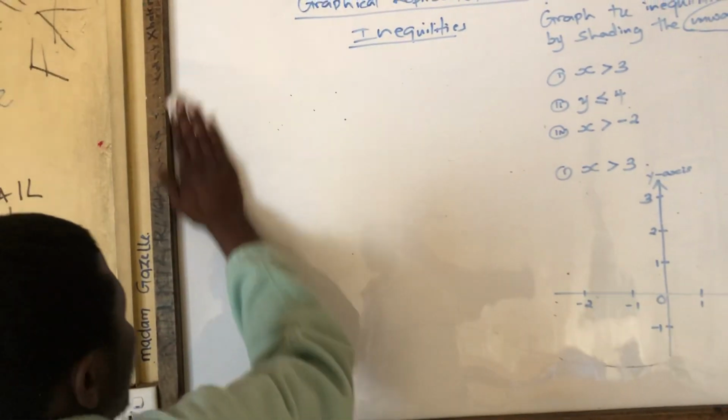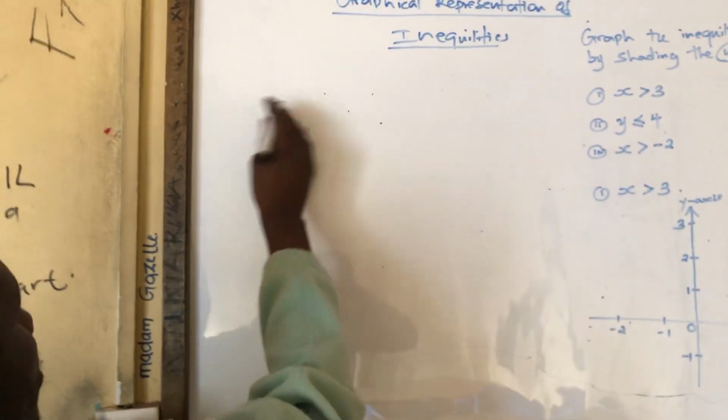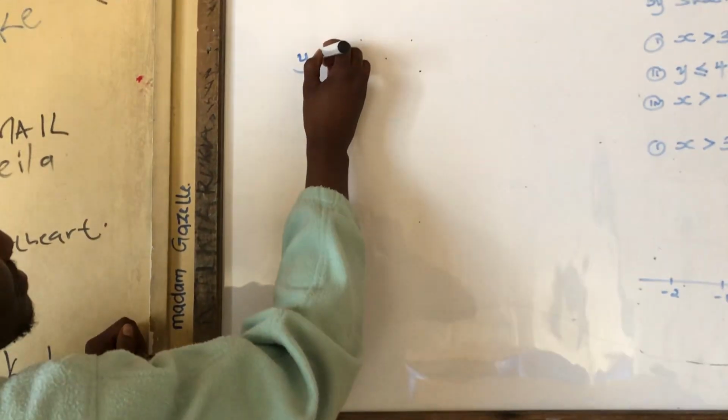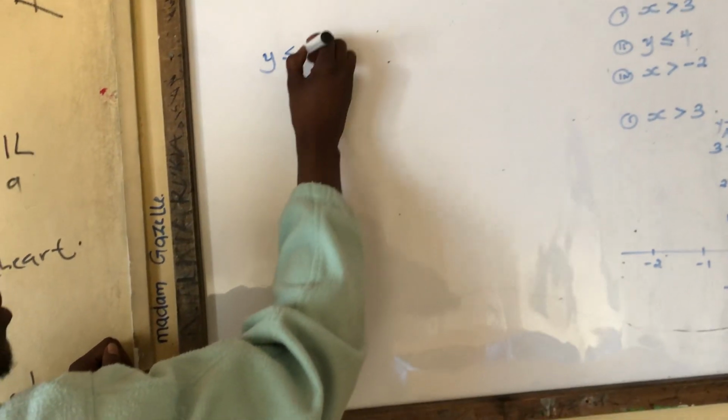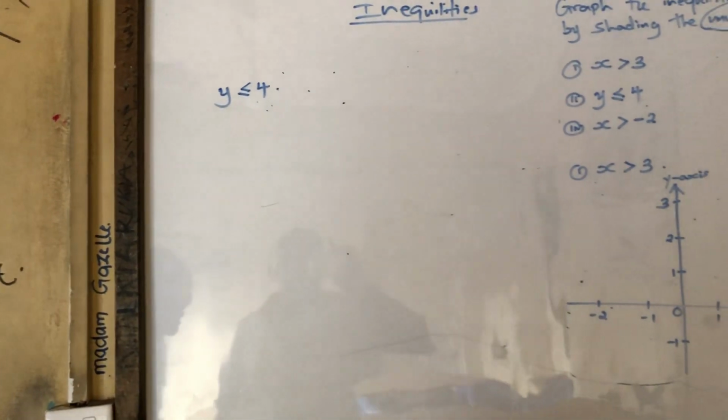We have got the inequality y is less than or equal to 4. How do we graph this inequality?